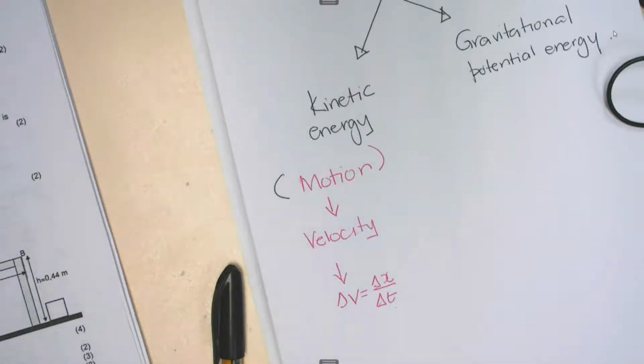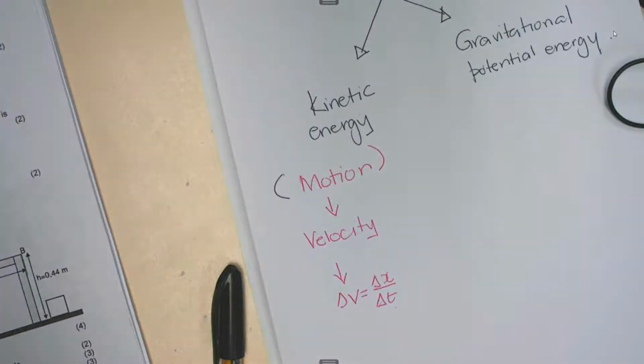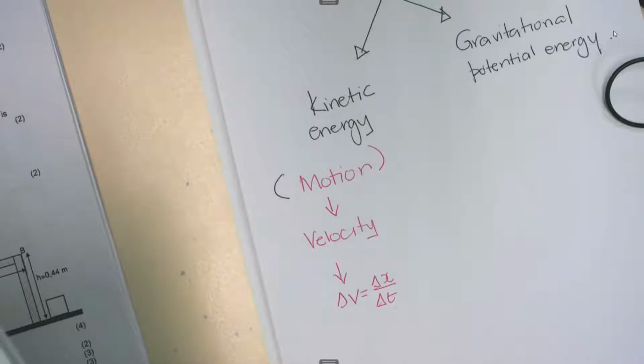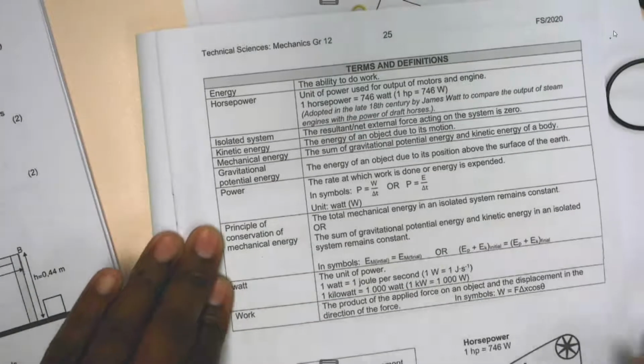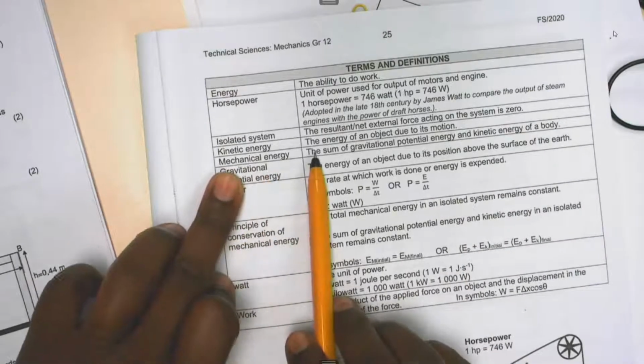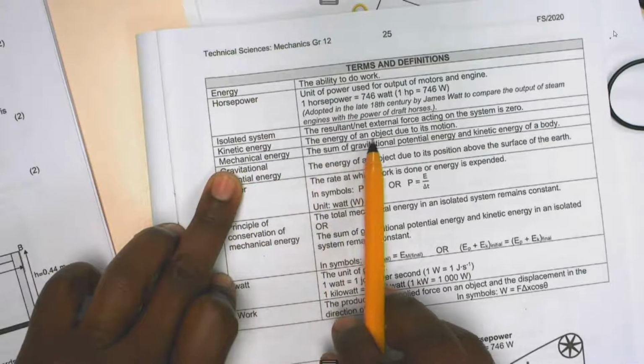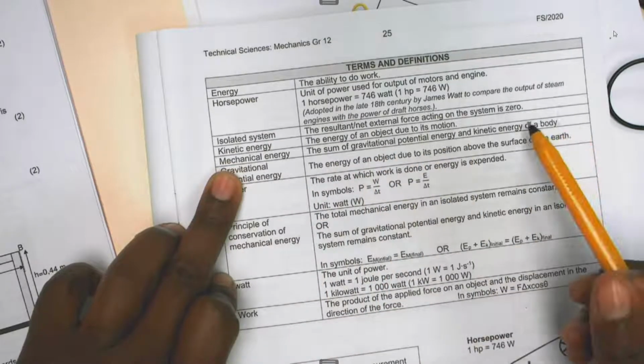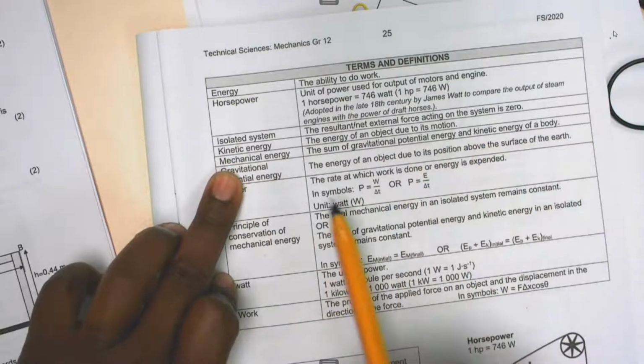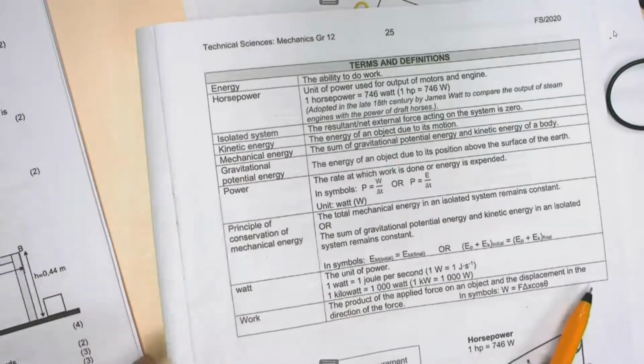This brings us to the definition of kinetic energy. According to our exam guideline, kinetic energy is the energy of an object due to its motion.